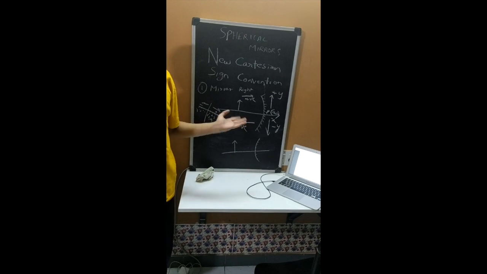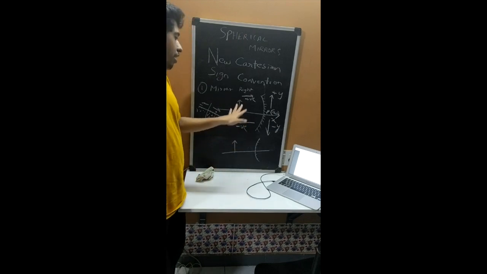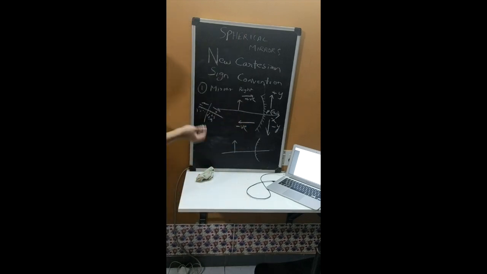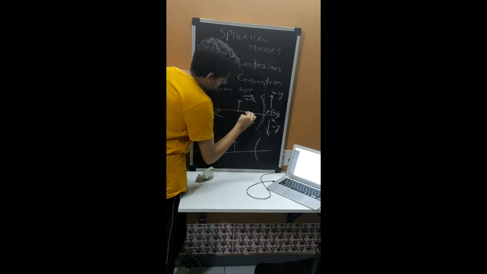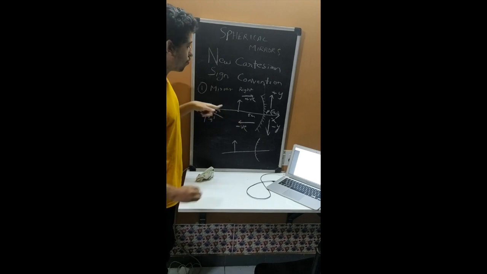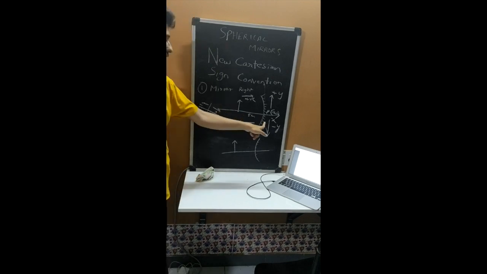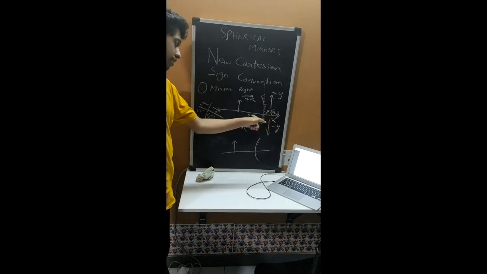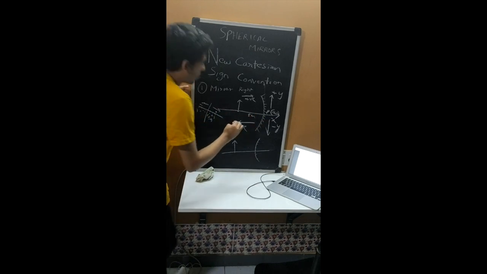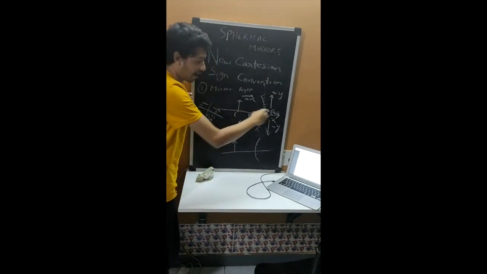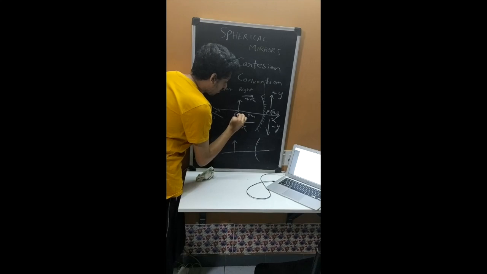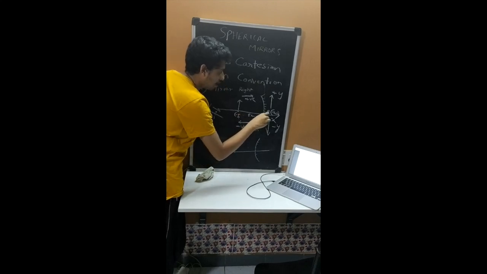I don't think we will be using the y-axis much, but let us see first. So here if we say that this is 5 meters from the mirror, what will be the coordinate of this point? It is in the negative direction, and in the x direction, so the x coordinate will be minus 5, y coordinate is 0.